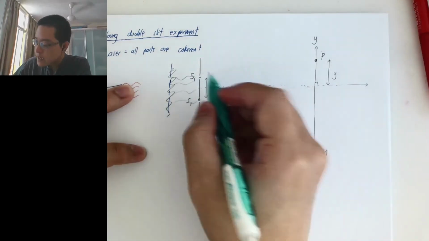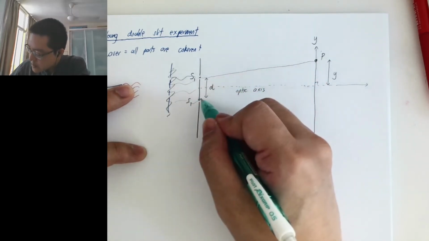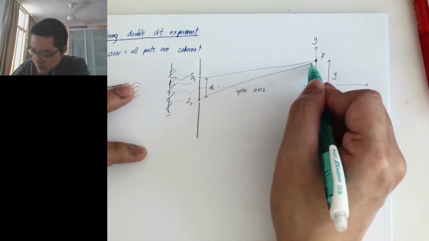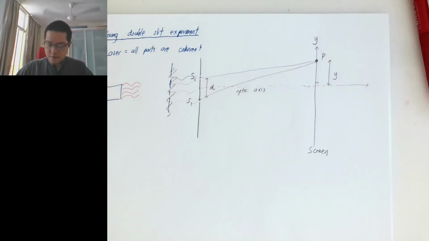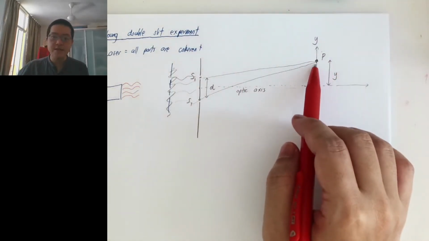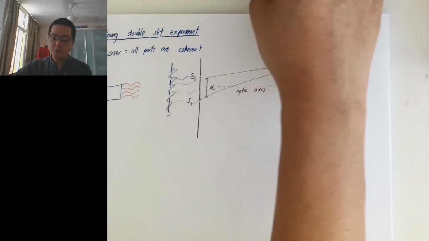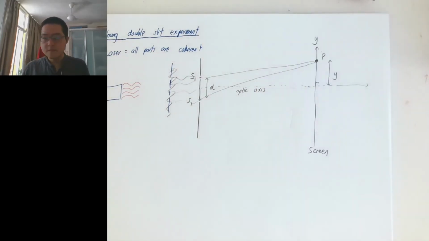And then I have the light shining from here to here, and the light shining from here to here. So I want to find out what you see in the double slit experiment. Okay, so this is the setup of our experiment.